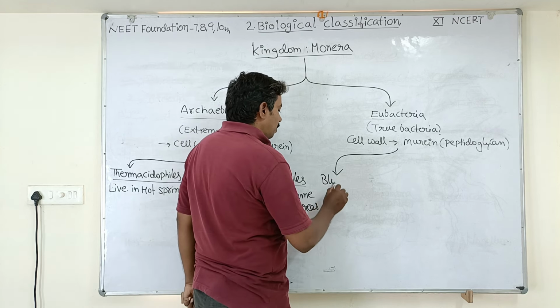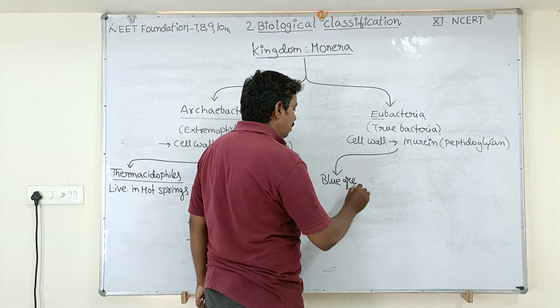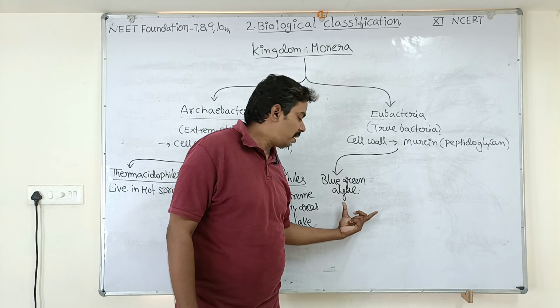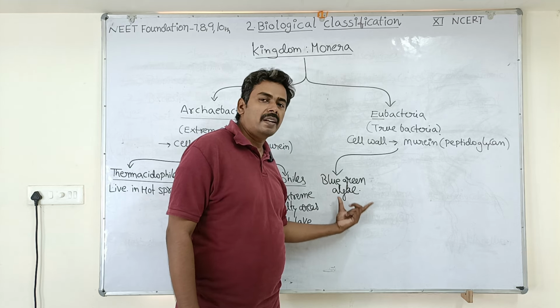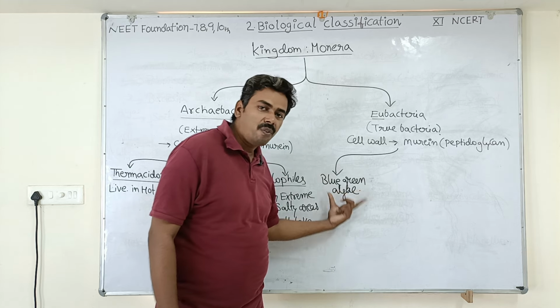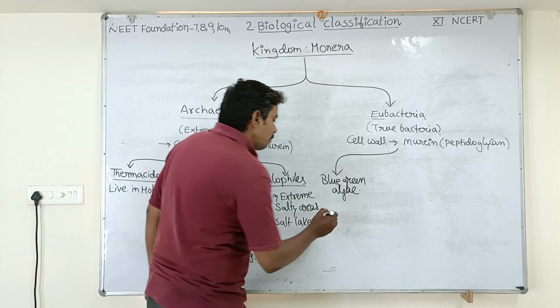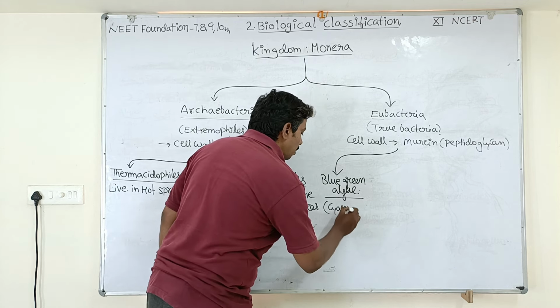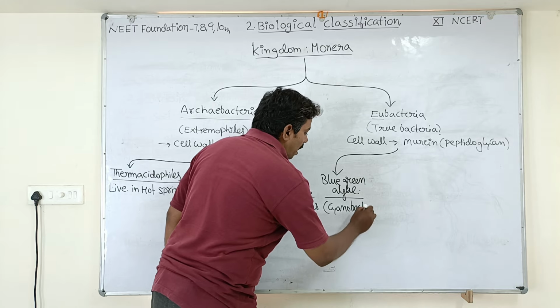Blue-green algae. These are photosynthetic autotrophic bacteria. They have chlorophyll pigment. By using chlorophyll pigment and sunlight, they can prepare their own food. They can also be called cyanobacteria.